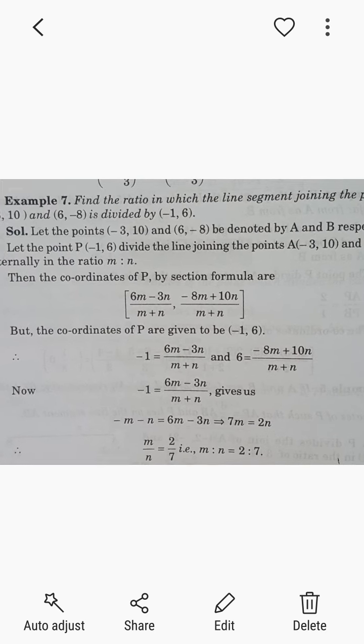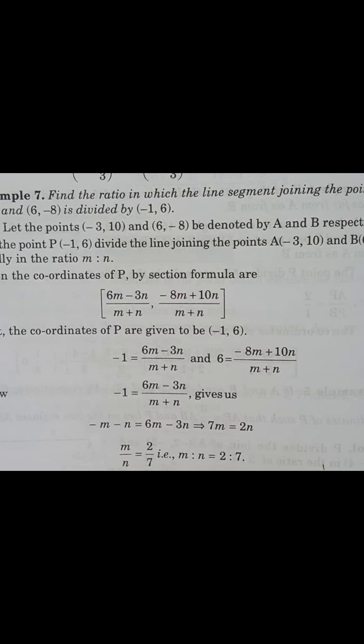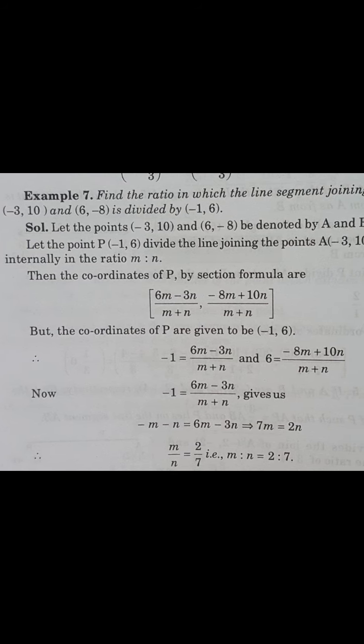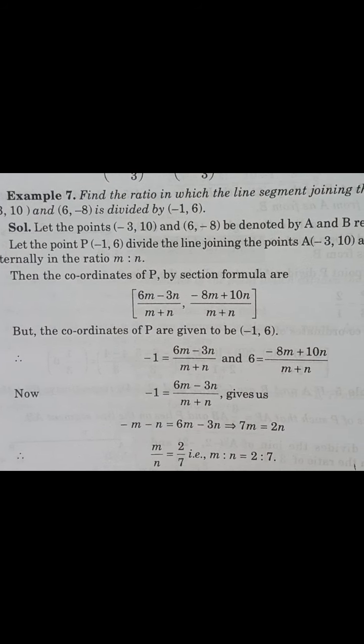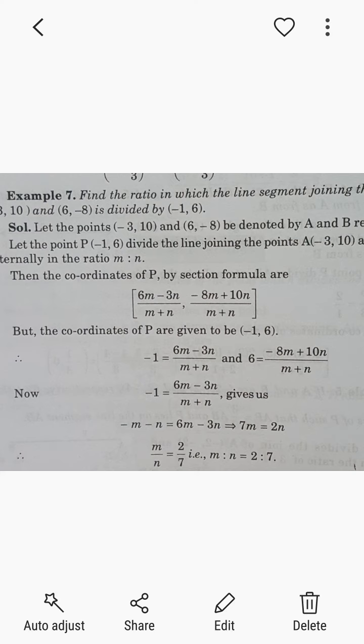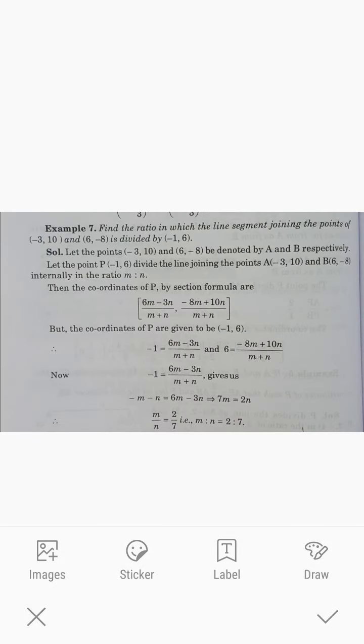Now see, find the ratio in which the line segment joining the points (minus 3, 10) and (6, minus 8) is divided by (minus 1, 6). Here we are asked to find the ratio of division. We can consider the line segment as AB, and the point of division can be taken as P, somewhere on the line segment AB.